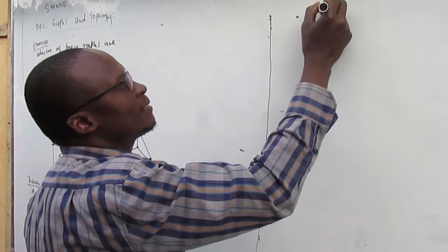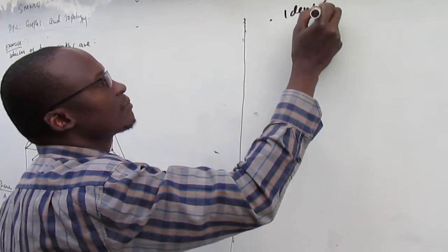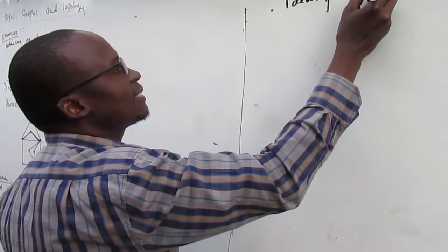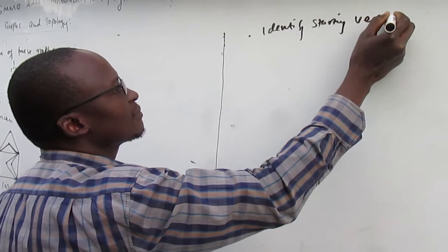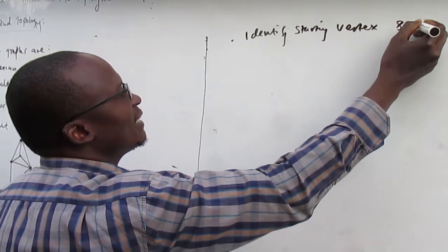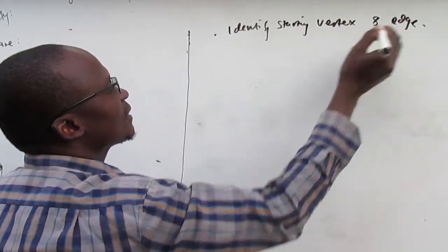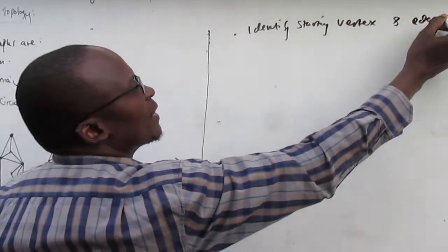Identify a starting vertex and edge, and call it E1.